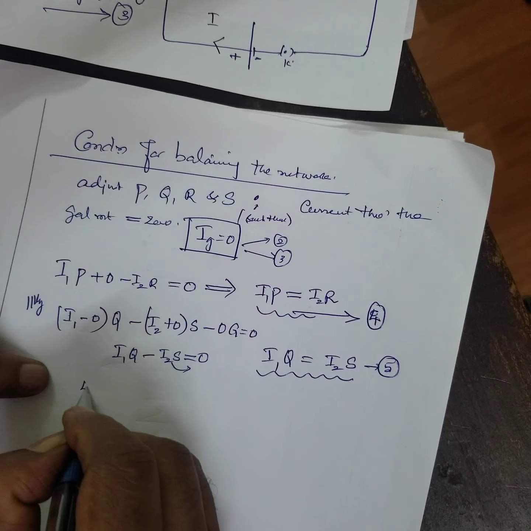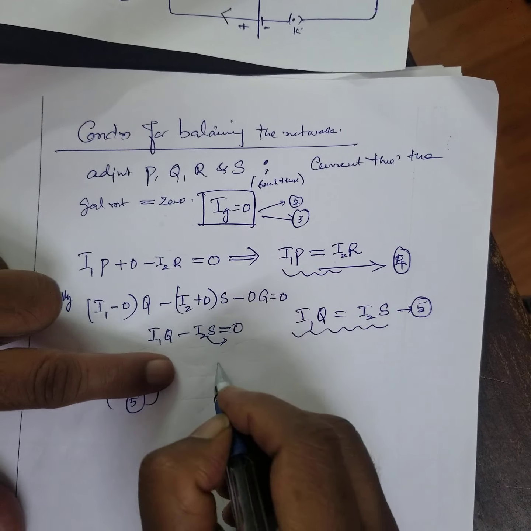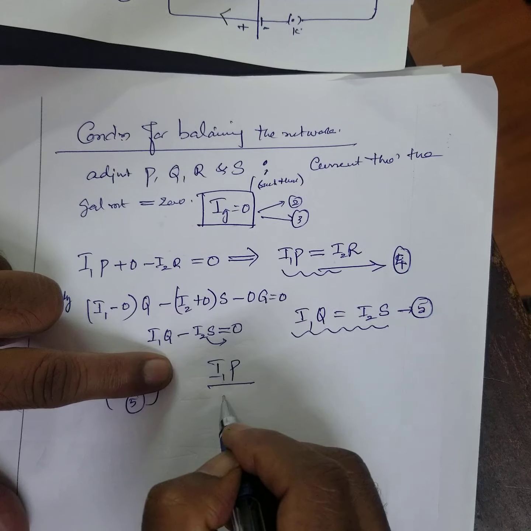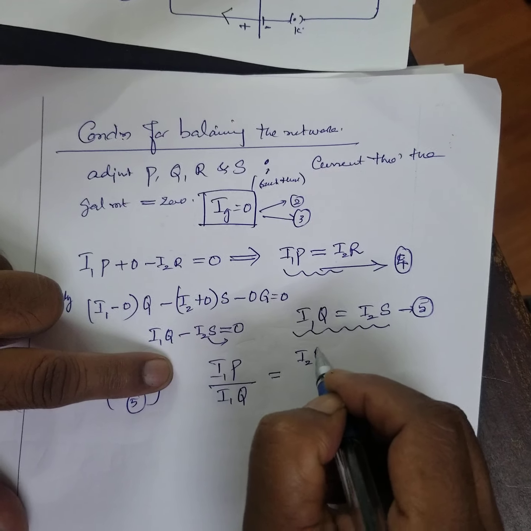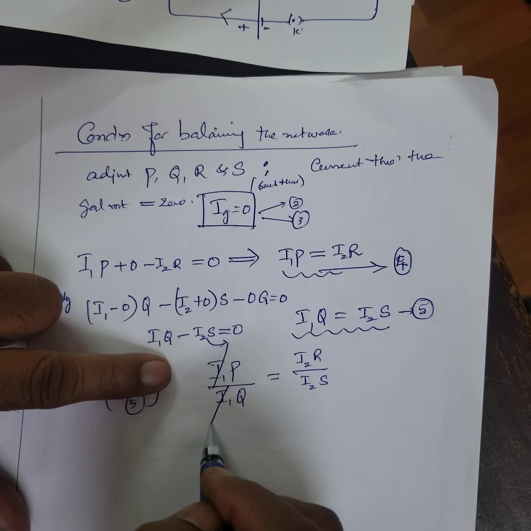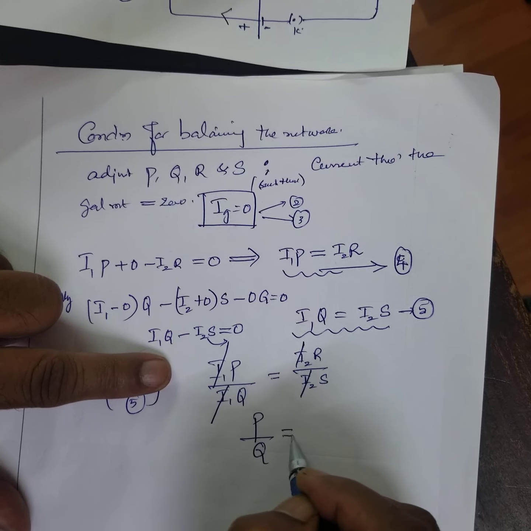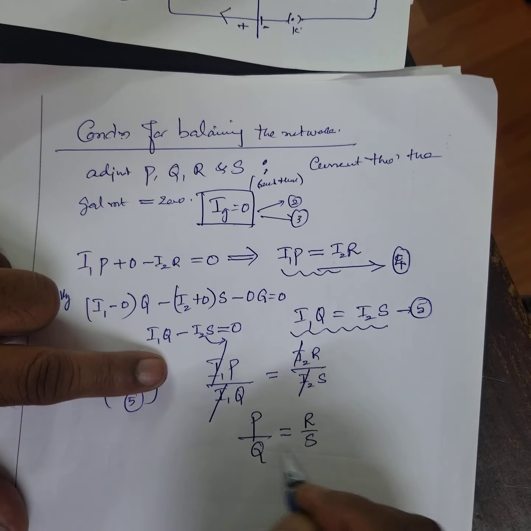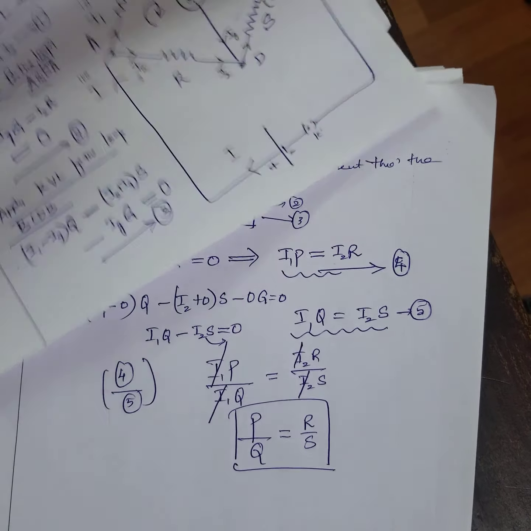Now divide the fourth by the fifth. If you divide one by the other, I1 P by I1 Q equal to I2 R by I2 S. Now I1 gets cancelled, I2 gets cancelled.